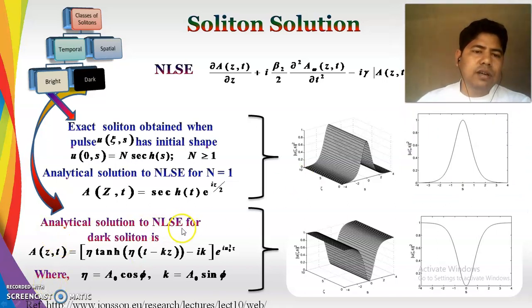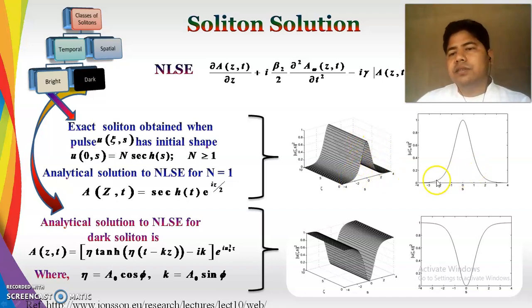The analytical soliton solution of the nonlinear Schrodinger equation for the dark soliton is tanh. If a tanh pulse appears as a solution of this nonlinear Schrodinger equation, then we get a dark soliton. In the dark soliton there will be a dark line, and in the bright soliton there will be a bright line.